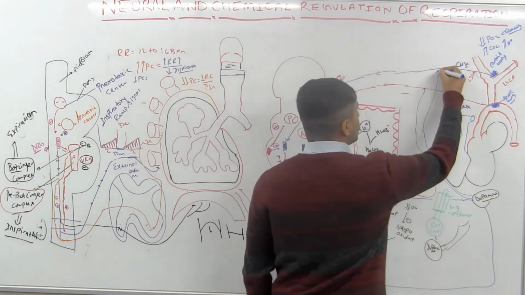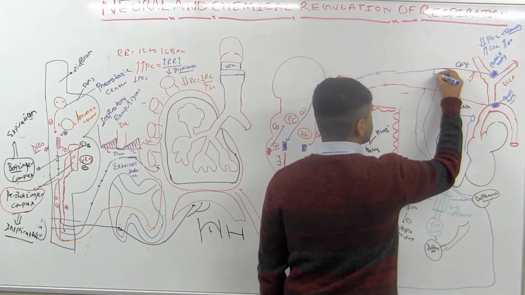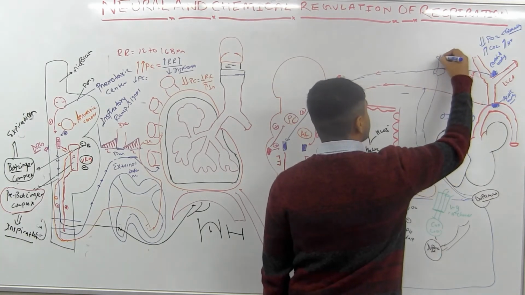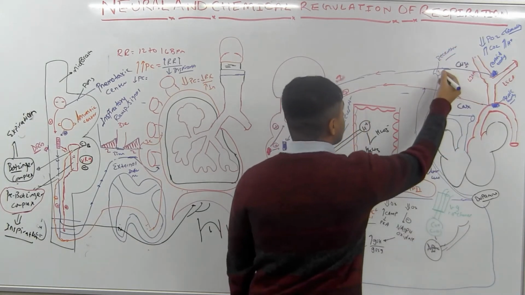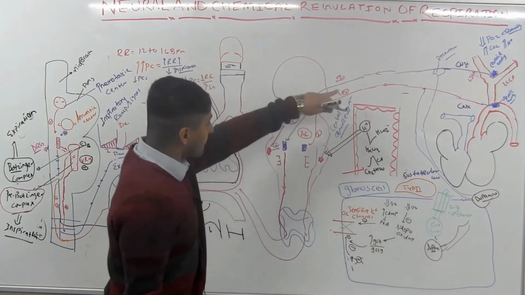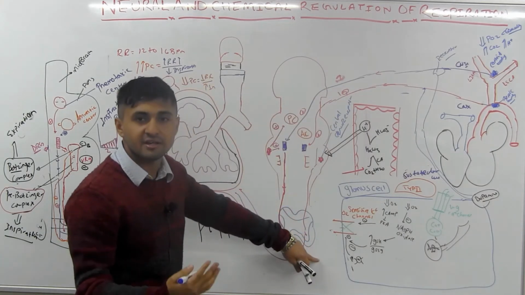So let's just make this the receptors right here. These are the afferent receptors for dopamine. Dopamine goes and binds, and then they send the impulses down to the dorsal respiratory group of nuclei, and that will cause an increase in ventilation.